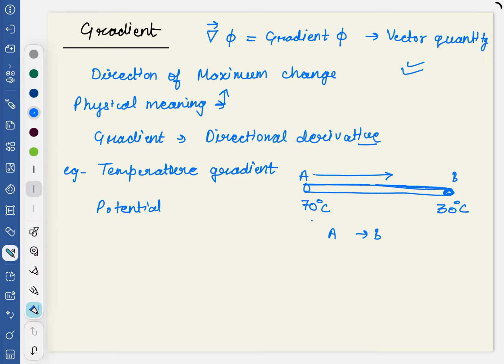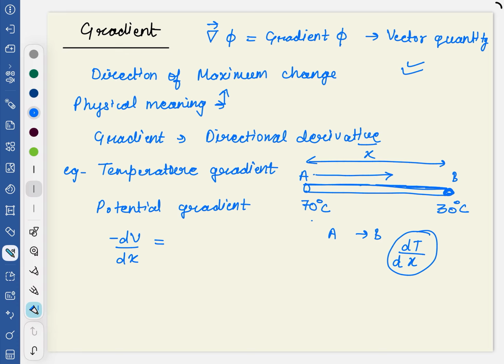Another is potential gradient. The potential gradient means the negative of dV by dx. Here dx means the length. If I am saying dT by dx, x is the length of the rod and T is the change in temperature.